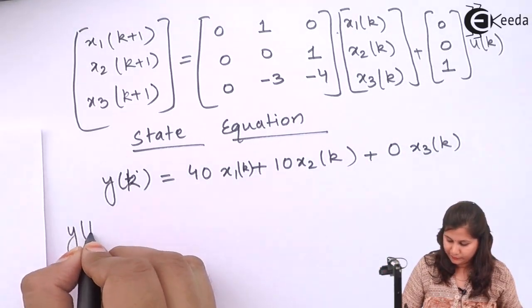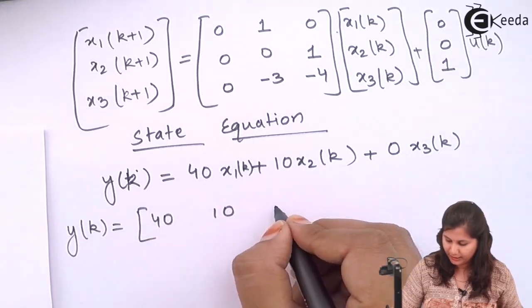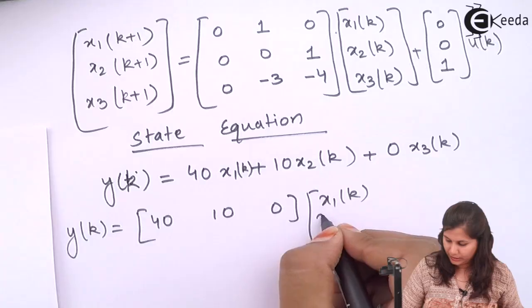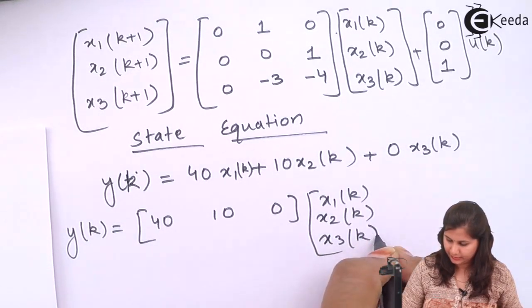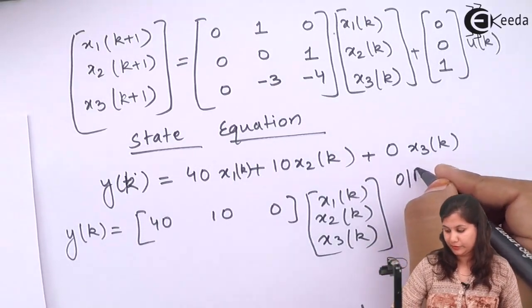So yk will be [40, 10, 0] times [x1k, x2k, x3k]. So this is our output equation.